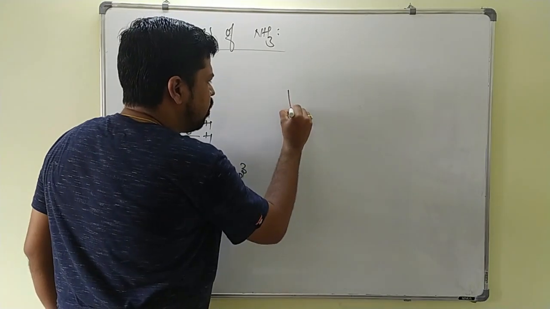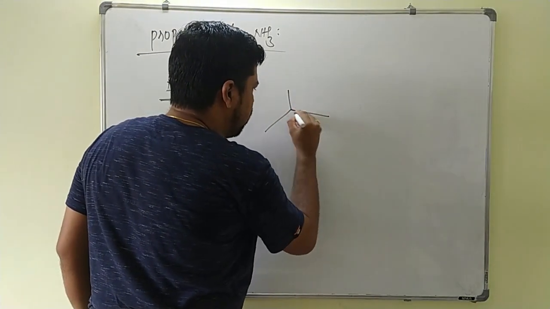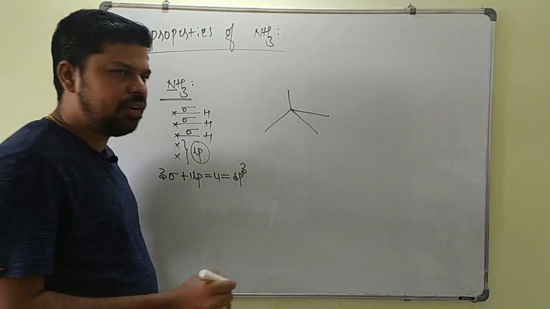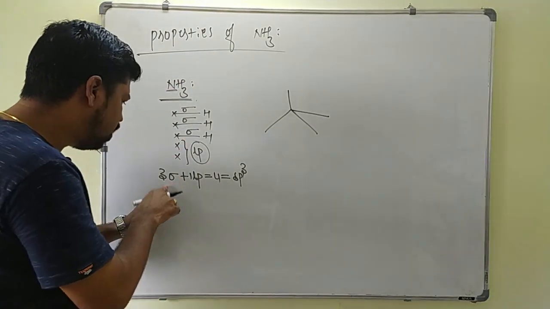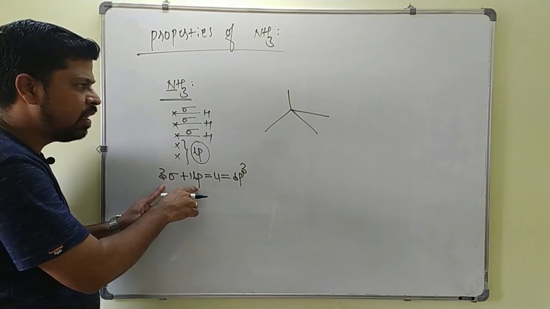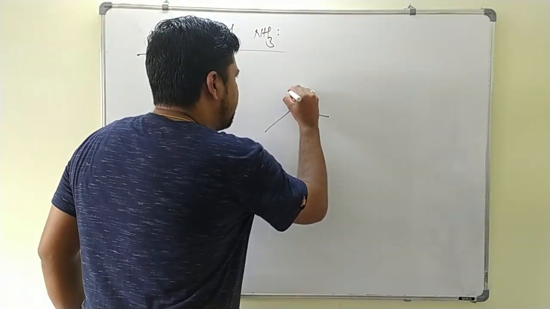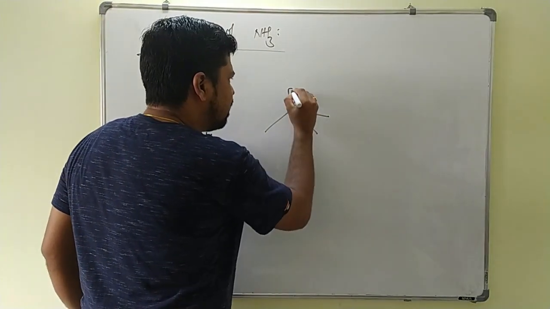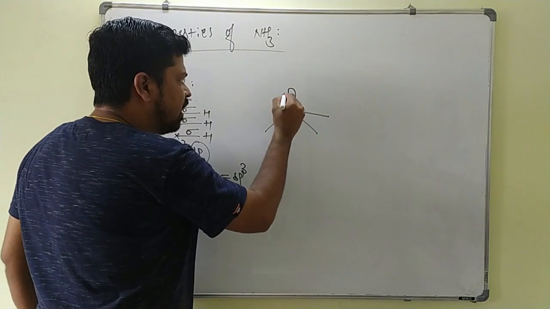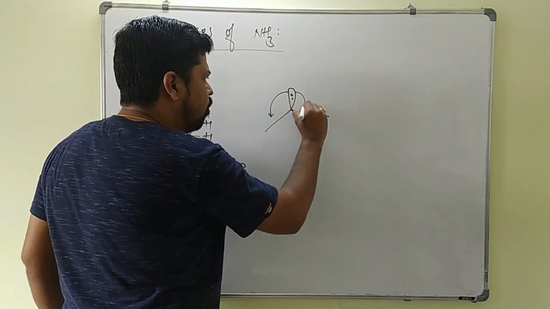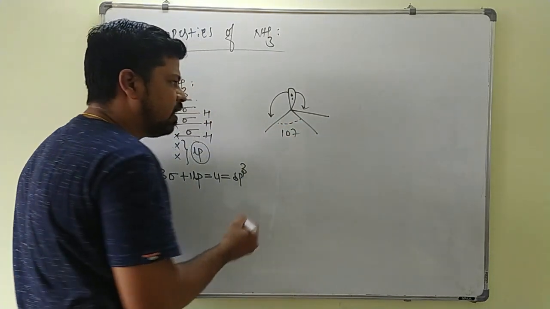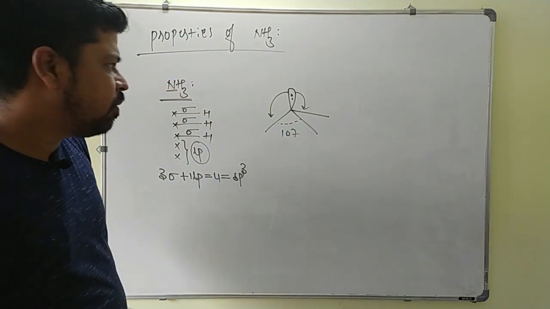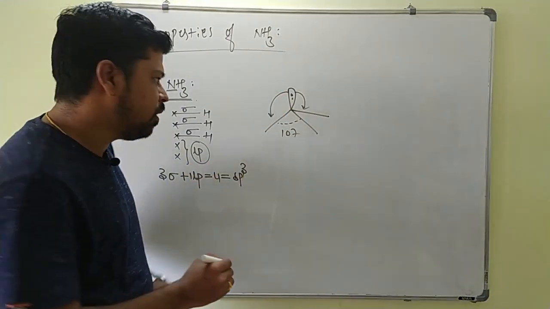So sp3 hybridization means, what is the arrangement of the bond pairs here? If 4 bonds are there, the molecule has a tetrahedral shape. But here this molecule has 3 sigma bonds and 1 lone pair. In this one, 1 bond pair has been replaced by a lone pair of electrons, like this. Due to increased repulsion between lone pair and bond pair, the bond angle decreases to 107 degrees. So this has a pyramidal shape with the 3 sigma bonds and 1 lone pair of electrons.